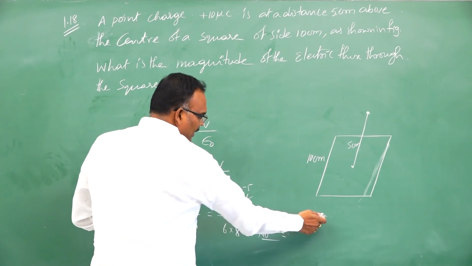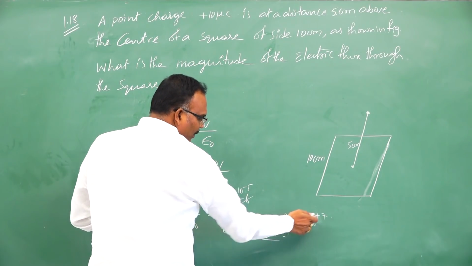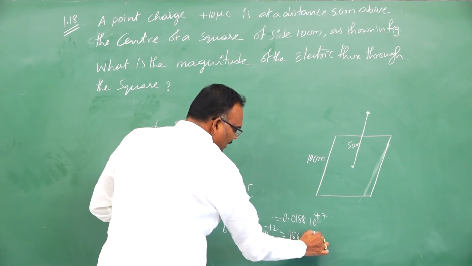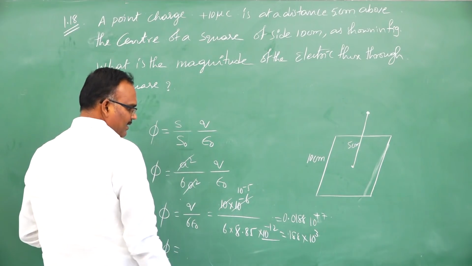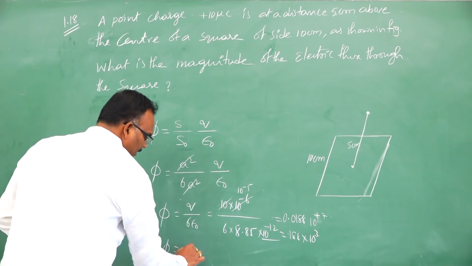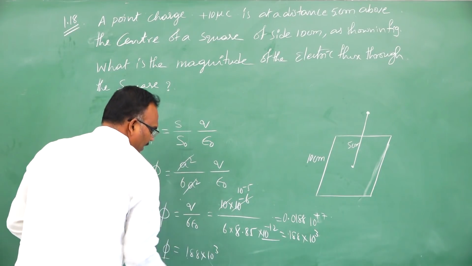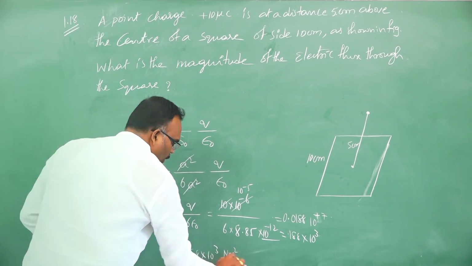If you multiply by 10 power 4 here, you will get 188 into 10 to the power of 3. Here we have calculated the flux. So the flux is 188 into 10 to the power of 3. The unit for flux is Newton meter square per coulomb.